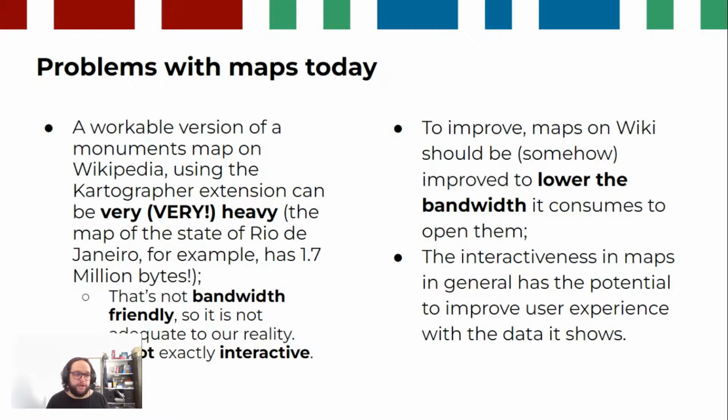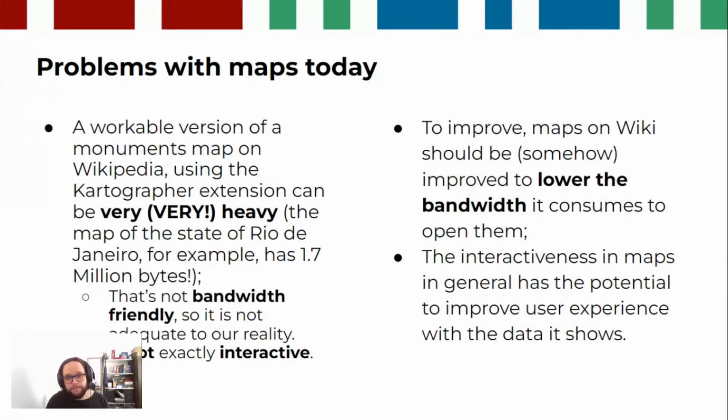The majority of internet users in Brazil use cell phones, so bandwidth is a very prominent worry that we have. So our pages need to be lighter and not client based, so people can access a lighter version, for example.